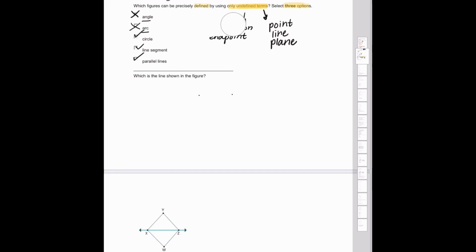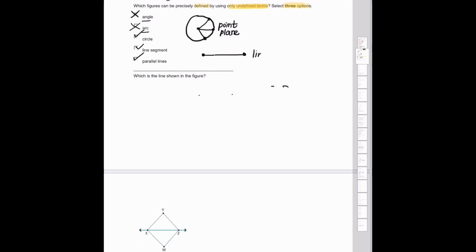However, let's review this. We know that a circle is defined as a center point being equidistant from all other points in a given plane. In this instance, we use the definable terms point and plane. Let's look at line segment. We learned that a line segment is a part of a line that contains 2 endpoints. Well, that means that line segment contains the undefinable term line.